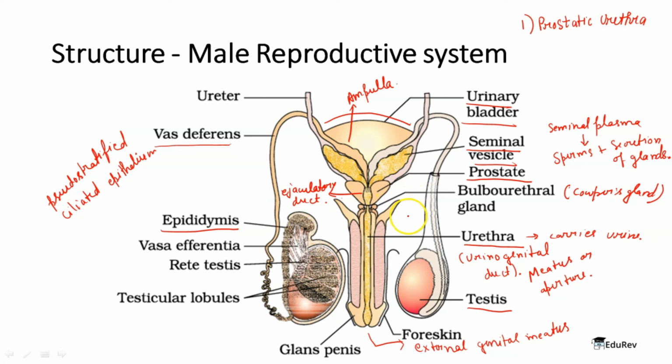This part is the membranous urethra. And the last one is the part which is lined by the penis, known as the penile urethra.